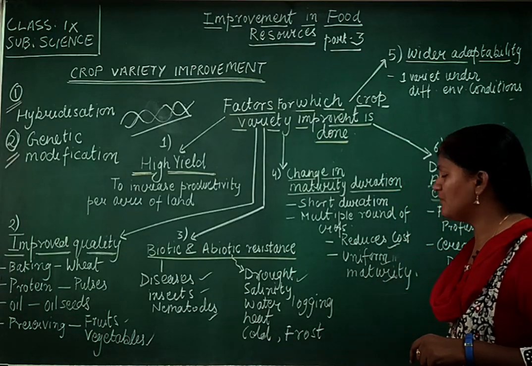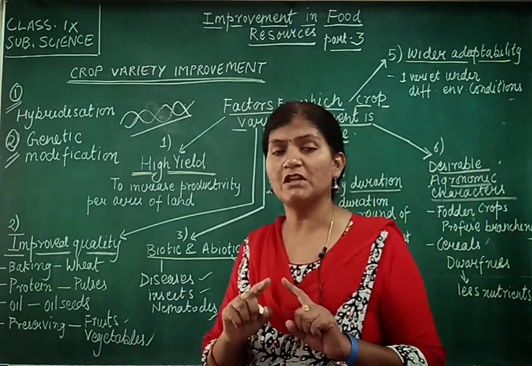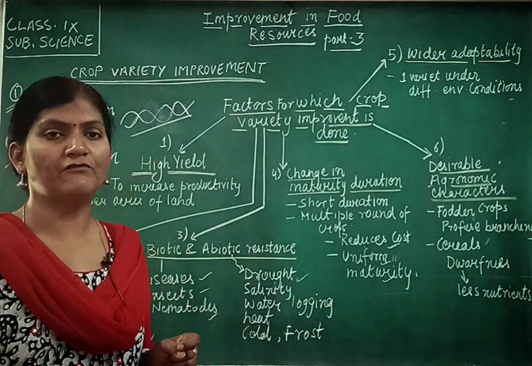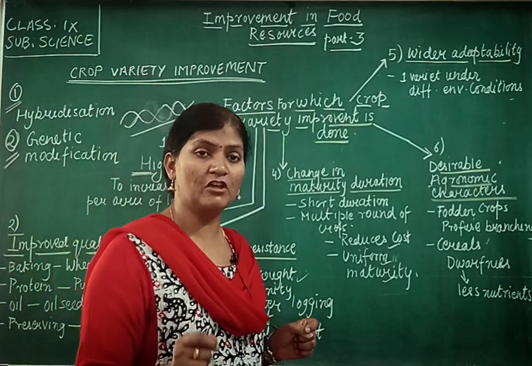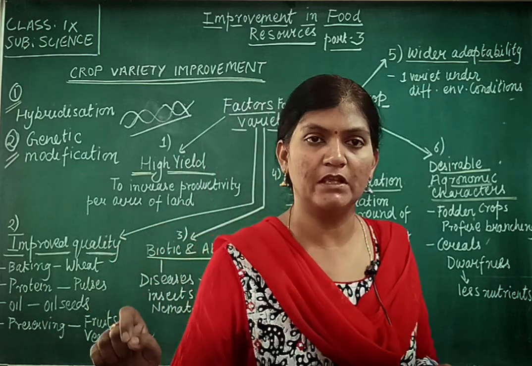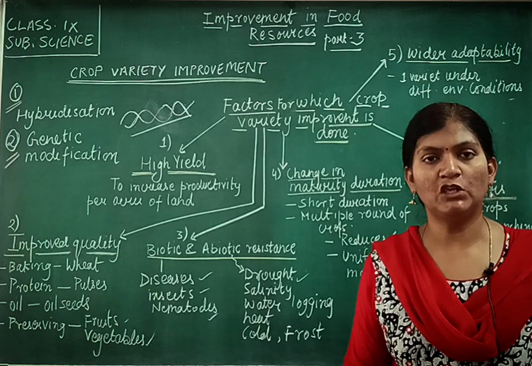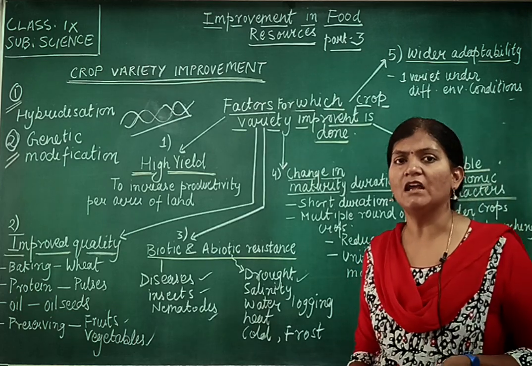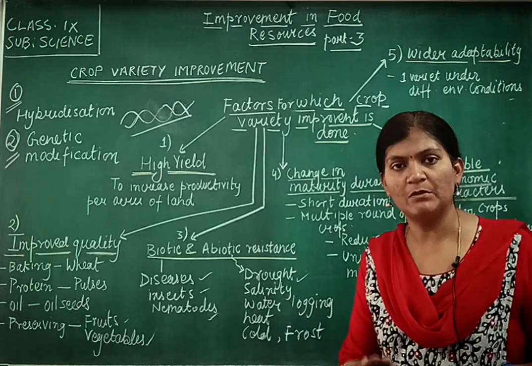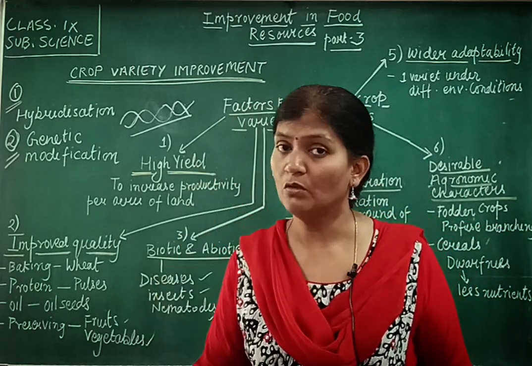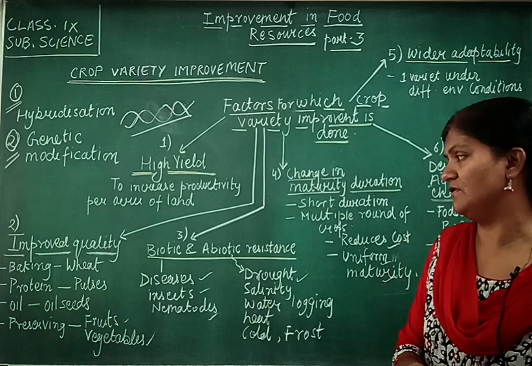Then, students, the farmer also wants the crop to mature at the same time, because it becomes easy for the farmer to harvest the crop if it matures uniformly. At the same time, the farmer will come along with all the equipment for harvesting, and will be able to finish the harvest within a short period of time.